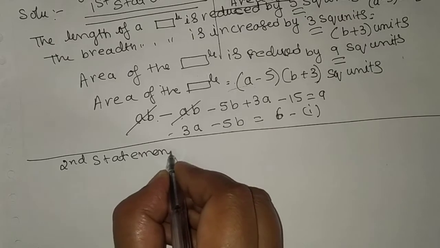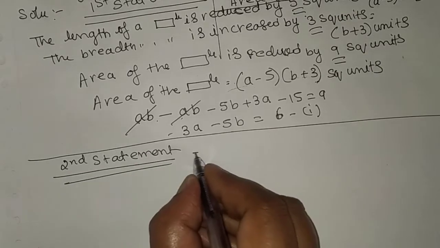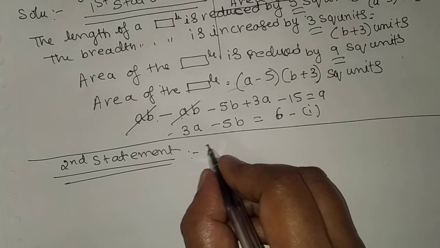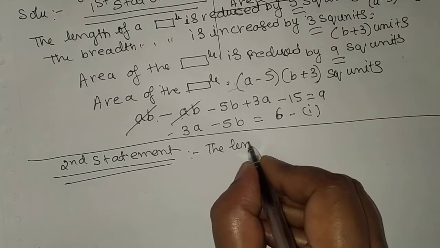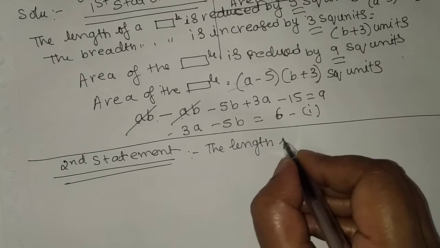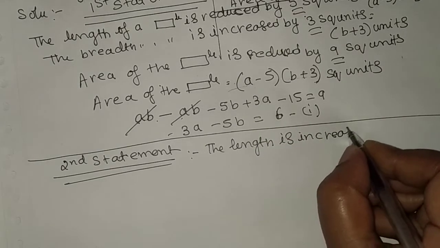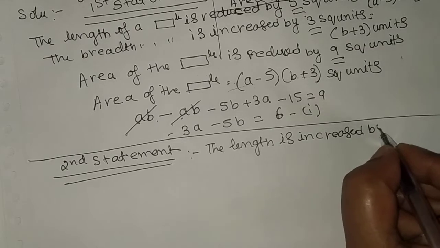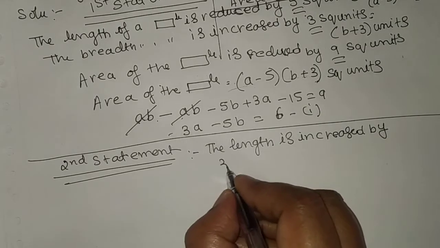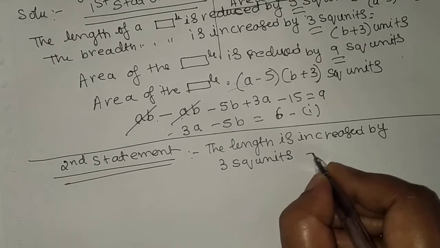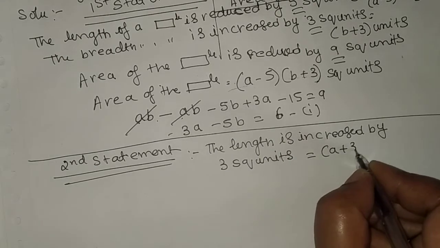What is in the second statement? We'll see. The length is increased. The length is increased by how much? That is 3 units. Those 3 units mean A plus 3.